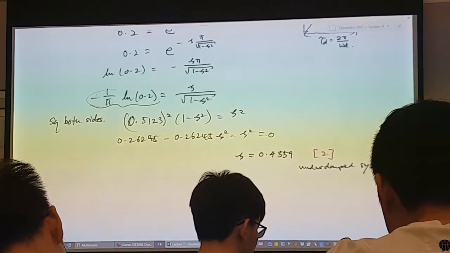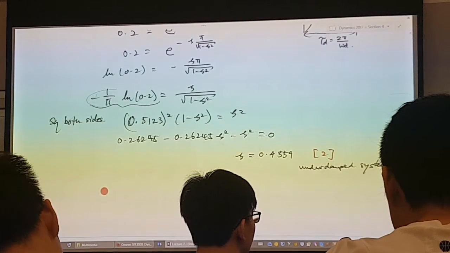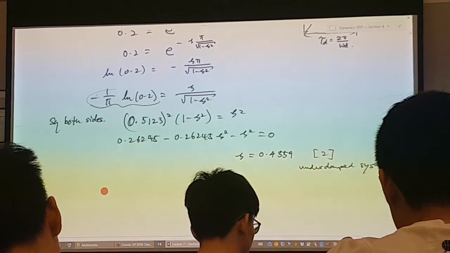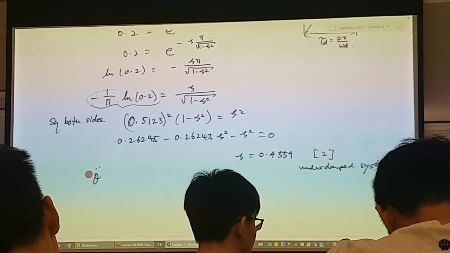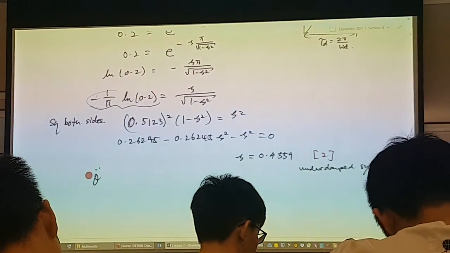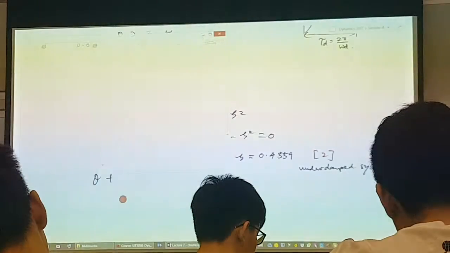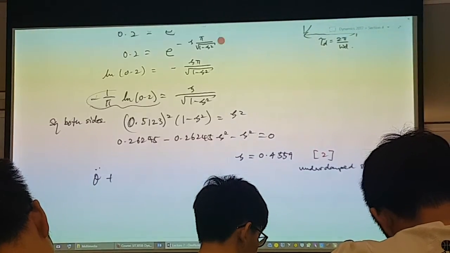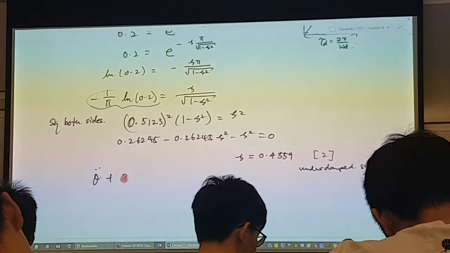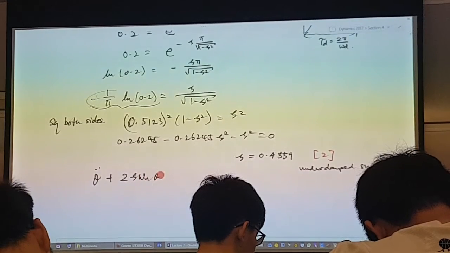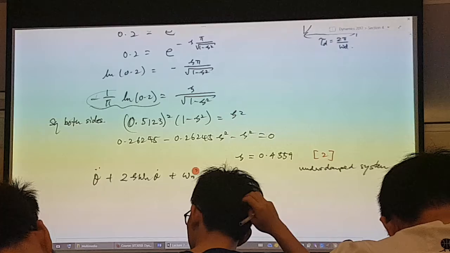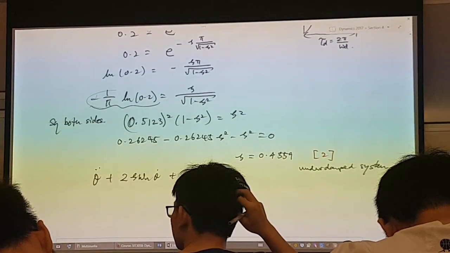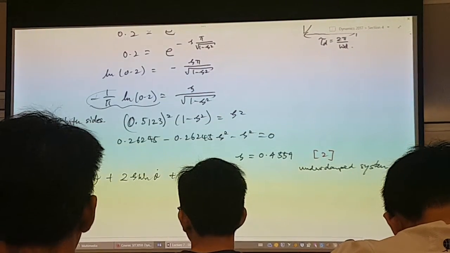So we haven't solved for what is the C, which is damping coefficient yet. So in order to solve that, I want you to recall that the general form for a second order system is given by this.